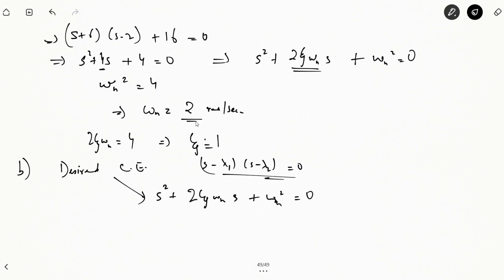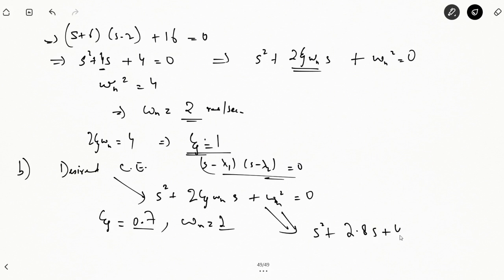Originally omega n is 2, so we'll keep it at 2, but zeta was originally 1, and we have to shift it to 0.7. We have been told to design a system for which zeta is 0.7 and omega n is 2. Therefore, this equation becomes s square plus 2 zeta omega n, that's 2 into 0.7 into 2, 4 into 0.7, that's 2.8 s plus 4 equal to 0. Now this is your desired characteristic equation.